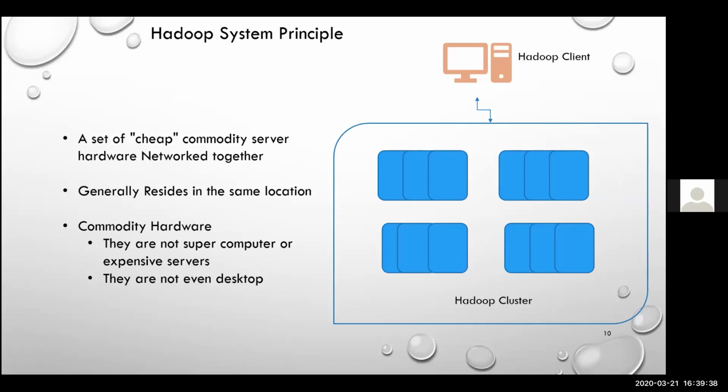When we say cheap commodity hardware, we need to understand that they are not supercomputers or the expensive computers that we generally use in the heavy IT industry. And they are not even our laptops and desktops.